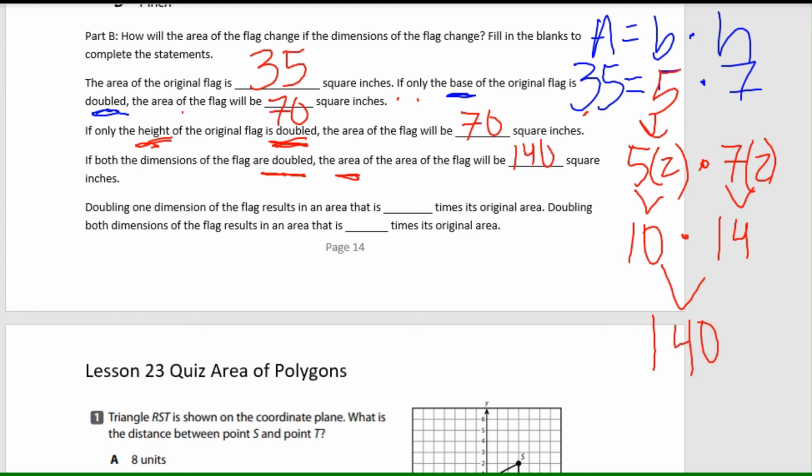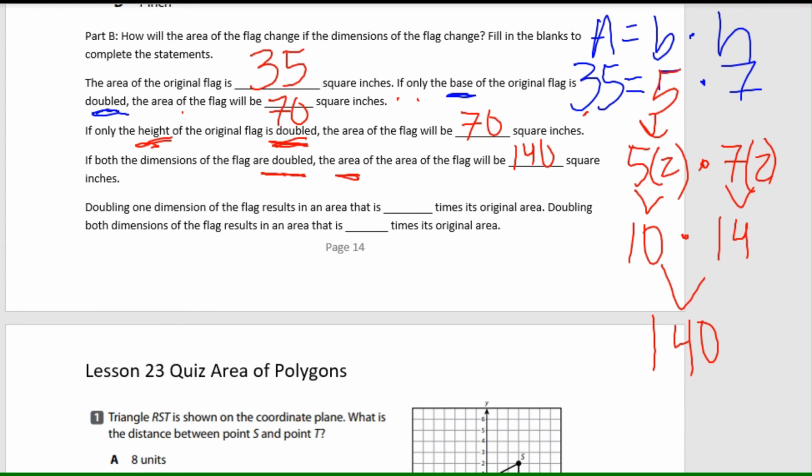Now we're moving on to this next part. Doubling one dimension of the flag results in an area that is blank times its original area. Doubling both dimensions of the flag results in an area that is blank times its original area. So doubling one dimension, how much did the flag area double?